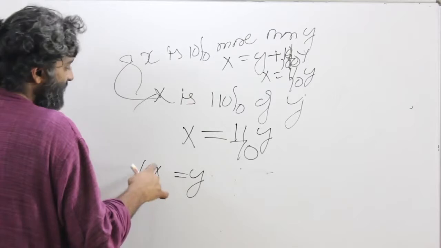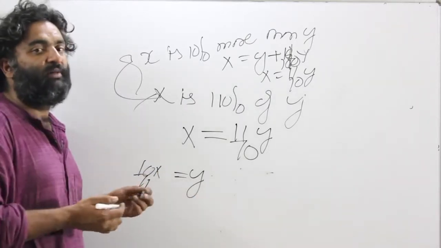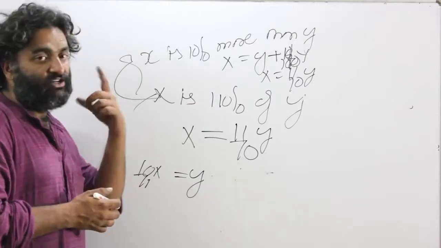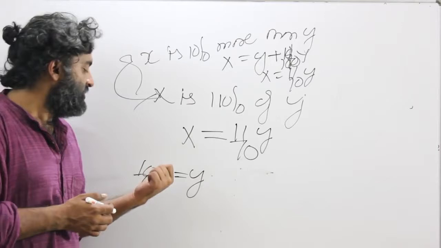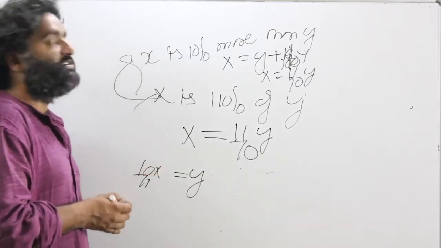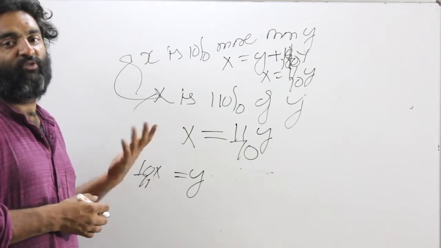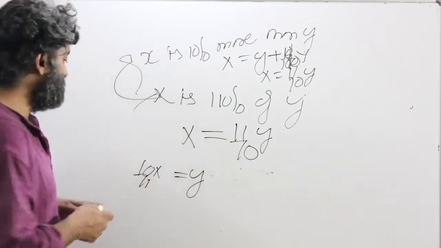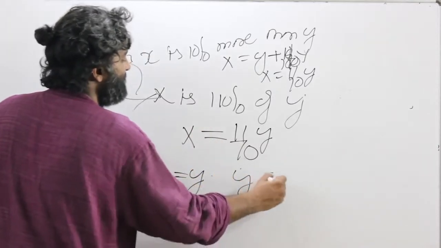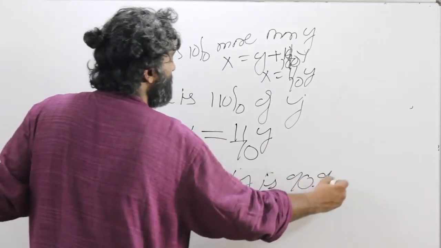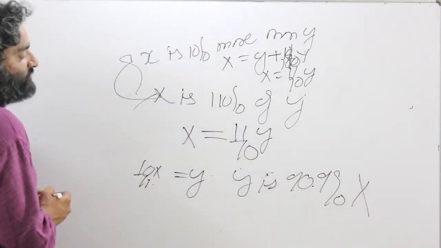So Y is equal to 10 by 11 of X, and now start thinking 1 by 11, again you can refer back to your table right now, but eventually should be in your head and memory. 1 by 11 is 9.09%. So 10 into 9.09% would give you 90.9%. So Y, your language form would be Y is 90.9% of X. Is that okay?